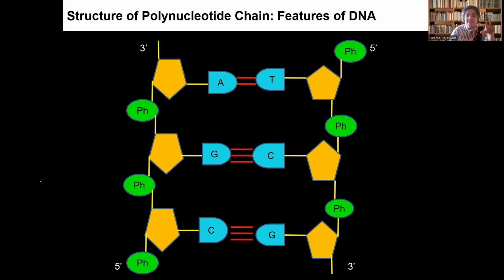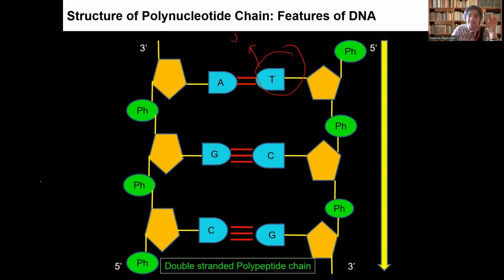This is in the case of DNA, whereas in the case of RNA, in place of thymine, there will be uracil. RNA is made up of a single strand.